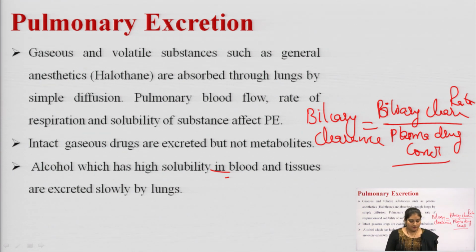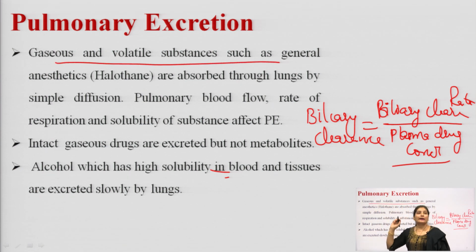Okay. The next type of non-renal route of excretion is pulmonary excretion, and as the name indicates, pulmonary excretion means the drug is getting excreted out with the help of the lungs. Gaseous and volatile substances, for example the general anesthetic halothane, can be excreted through the lungs by simple diffusion.